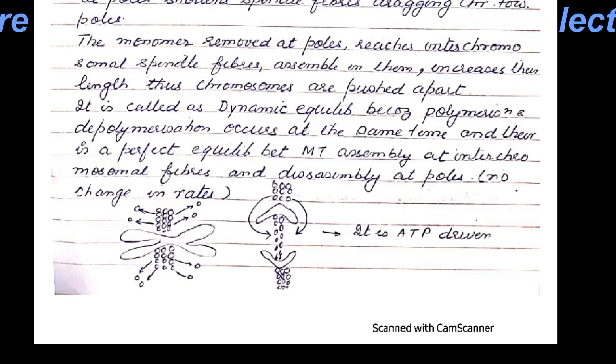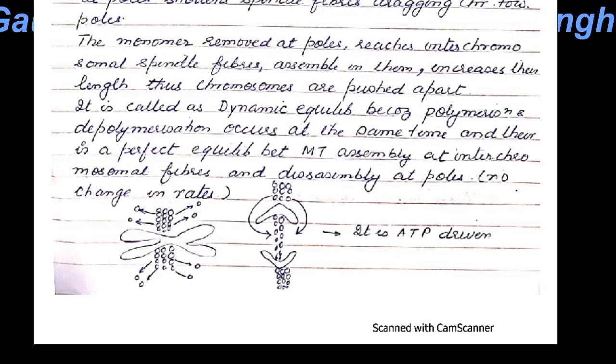And these spindle fibers, or kinetochoric spindle fibers, start their disassembly or depolymerization. When they depolymerize, they exert a certain force, which is sufficient enough to break these daughter chromatids from the point of centromeres.